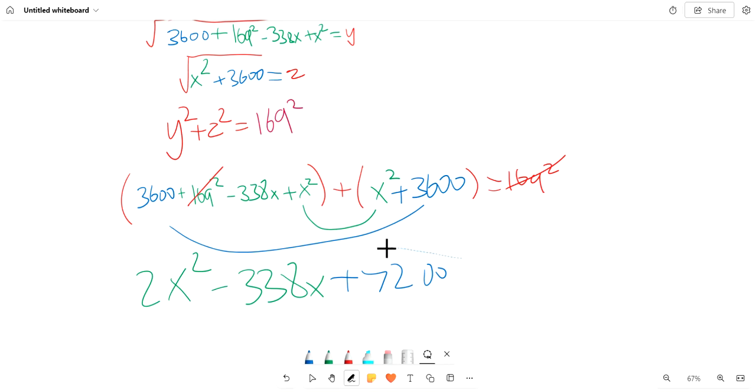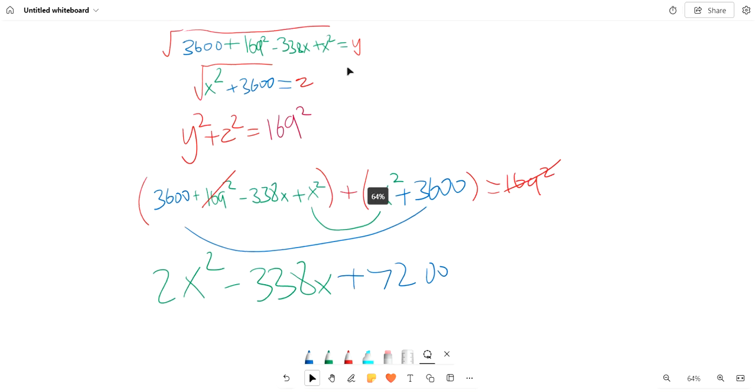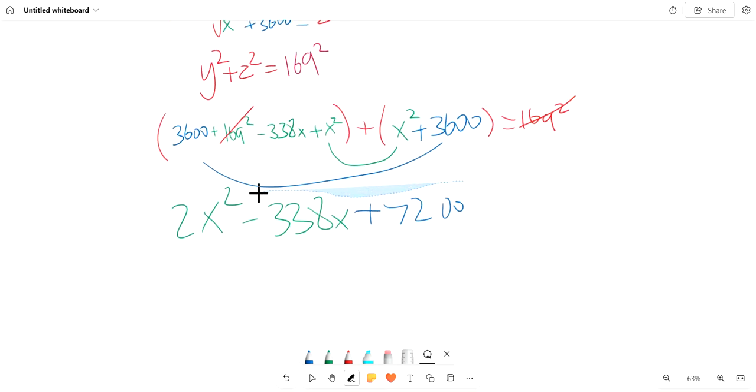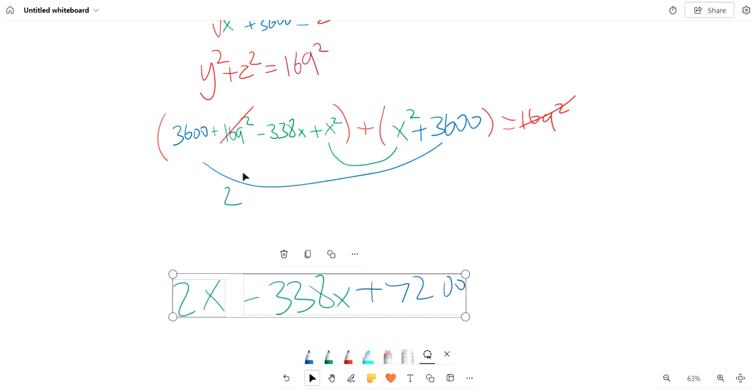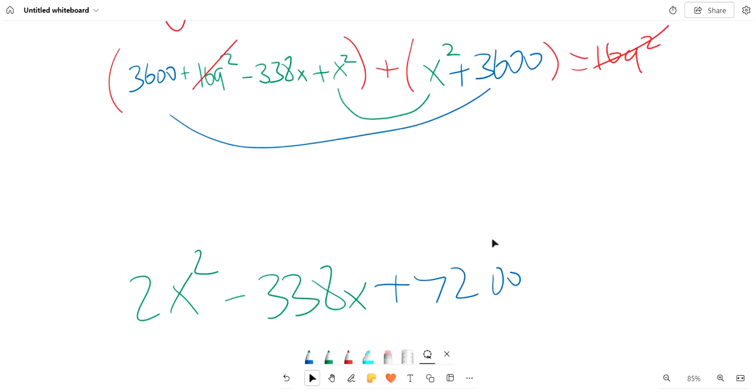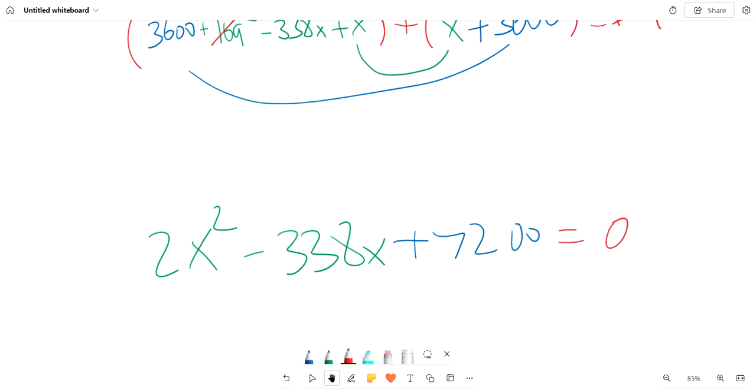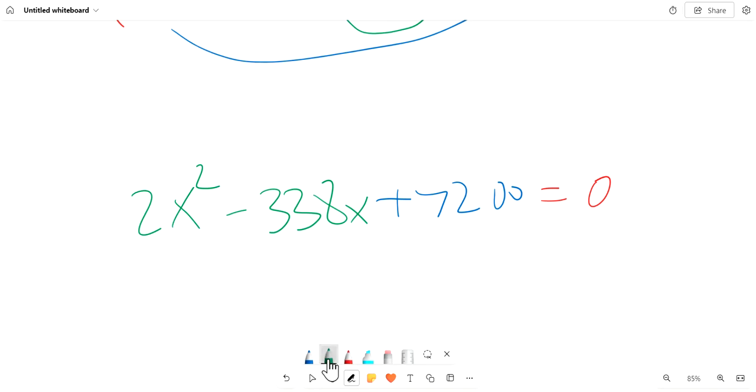And we know this equals 0 because we already canceled the 169 squared out. And let's divide this whole thing by 2.